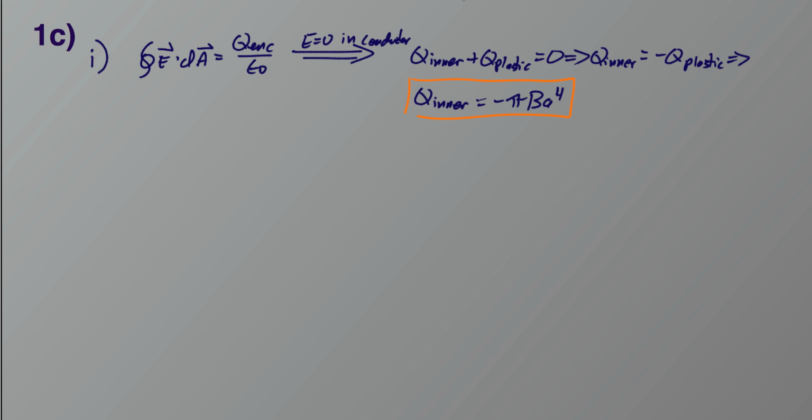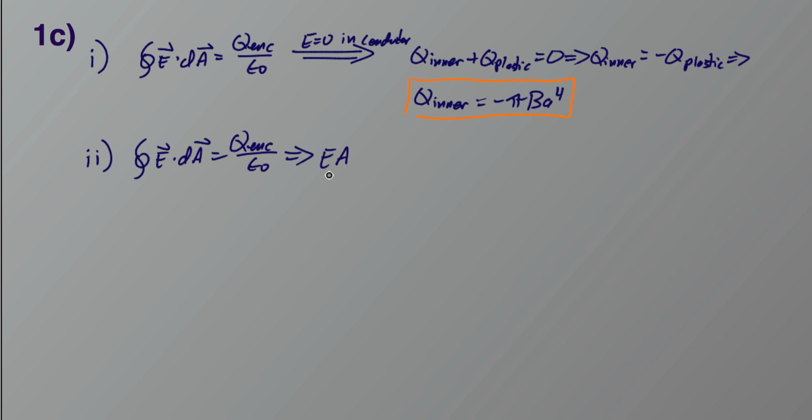And then C2, determine the charge on the outer surface of the conducting shell. So for C2, Gauss's law again: the integral over the closed surface of E dot dA equals Q enclosed over epsilon naught. The left-hand side is going to be the electric field times the area of our Gaussian sphere, just like we did previously, and must equal the total enclosed charge.